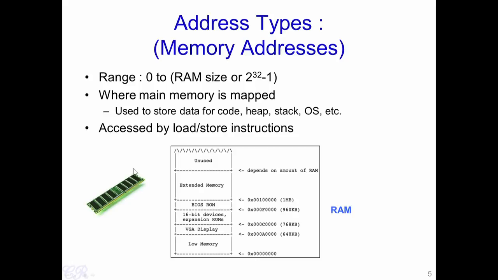For instance, a RAM in a typical Intel system with 32 bits could be of size at most 2 power 32. That is, an Intel system with a 32 bit processor could have at most 2 power 32 or 4 gigabytes of RAM.